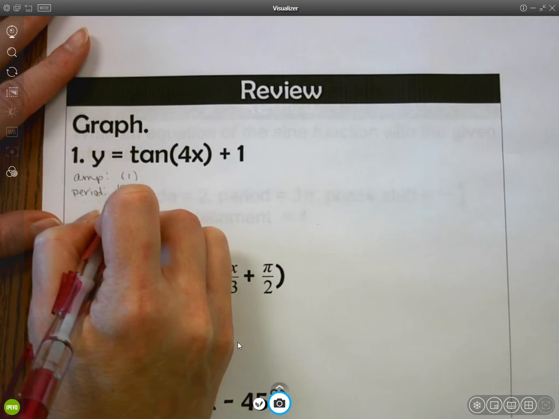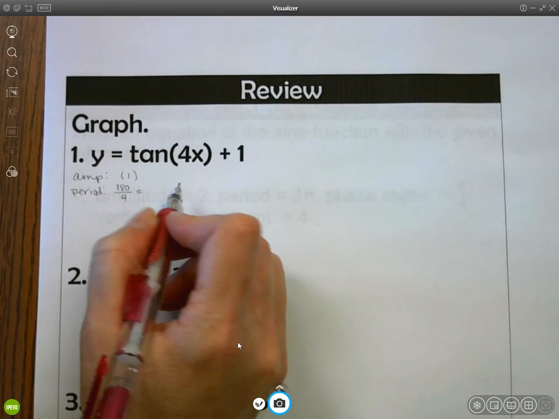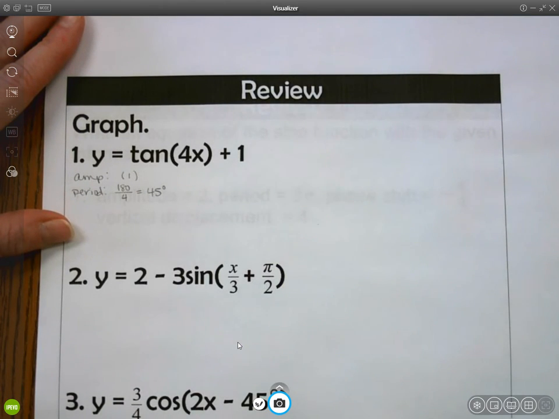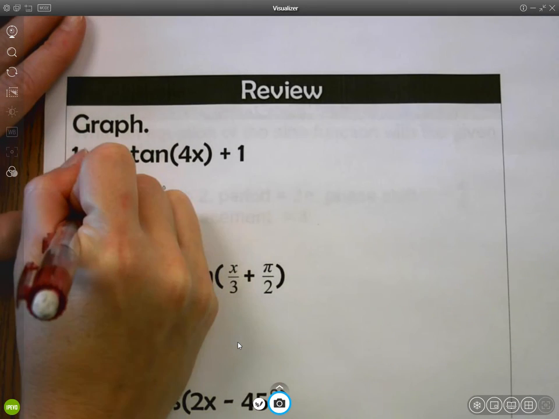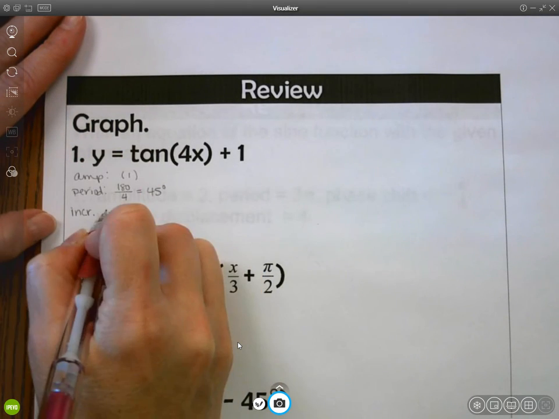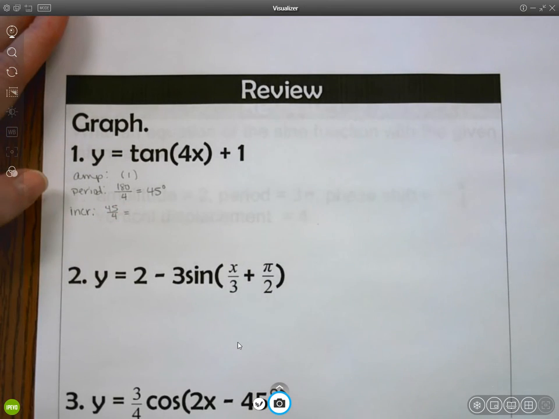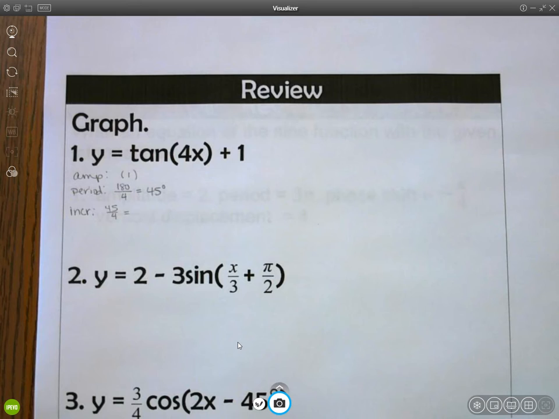So if I take that 180 and I divide by 4, that gives me 45. If I take that 45 and I split it into 4 equal pieces for my increments, then I am looking at 11.25.